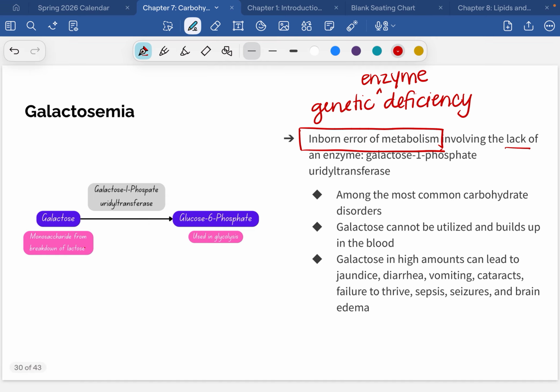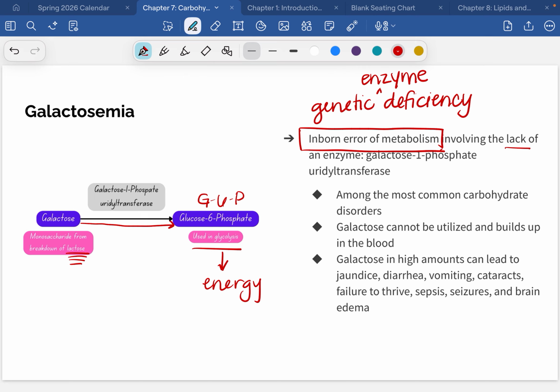It is a monosaccharide, mostly from the breakdown of lactose. In a typical body, galactose will be converted into G6P, which is what is used in glycolysis, which is what our body uses to produce energy.